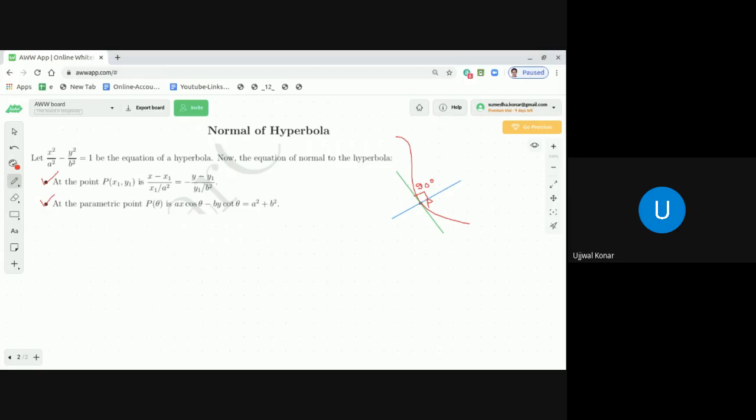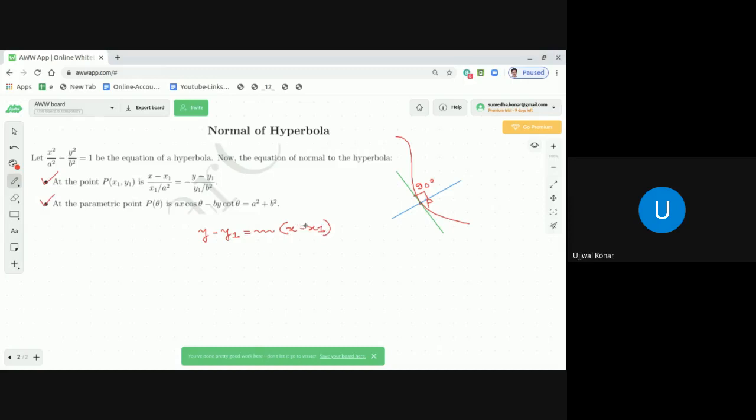Now, if you are not able to recall, for example, in the worst case, then what you can do is use the equation of the tangent to the hyperbola, and then you can use the point slope form of a straight line, that is y minus y1 is equal to m into x minus x1. Now, from the equation of the tangent, find the value of m.